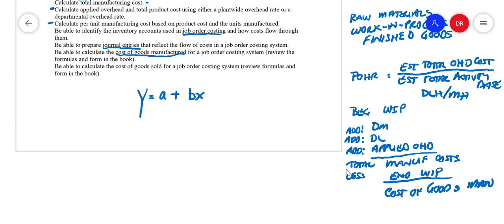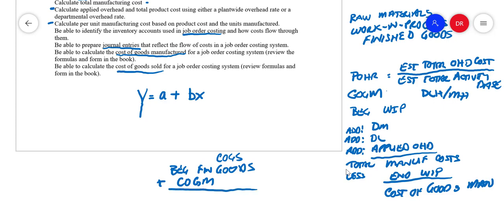All right, the last one is calculating the cost of goods sold for a job. And with this one, this is going to be a lot like the cost of goods manufactured here. We did cost of goods sold when we were in Accounting 201, but cost of goods sold here is going to be beginning finished goods inventory. We're going to add cost of goods manufactured.